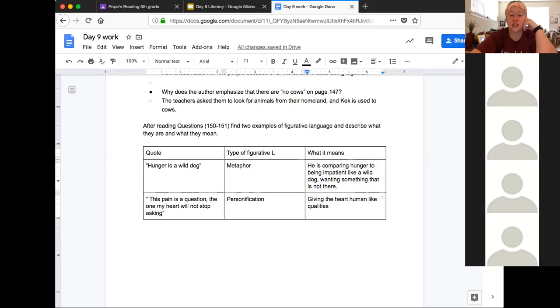Okay, so it's personification because we're giving the heart human-like qualities.